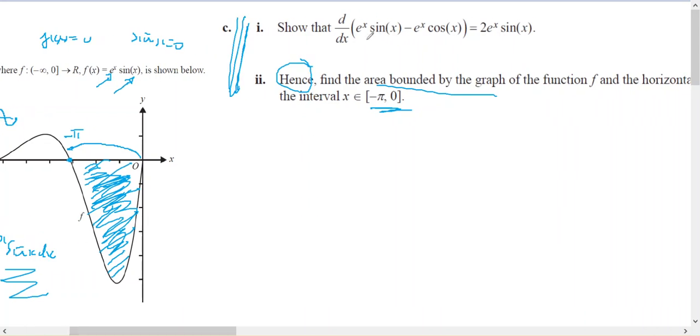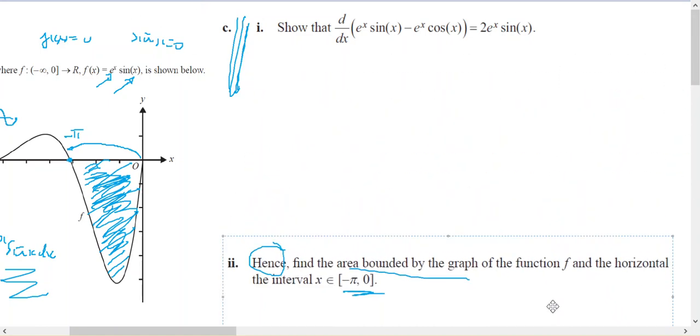In part 1, I need to show the derivative of this equals that, which means I need to do two separate product rules. So I've got u equals e to the x, which means u dash equals e to the x, and v equals the sine of x, which means v dash equals the cos of x.